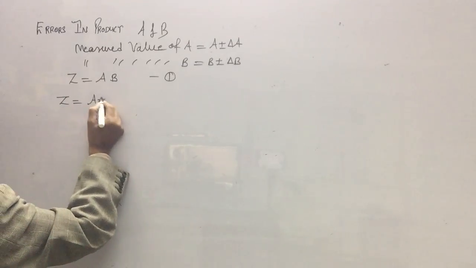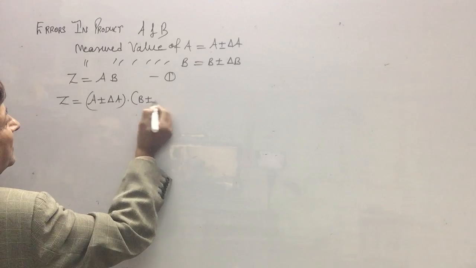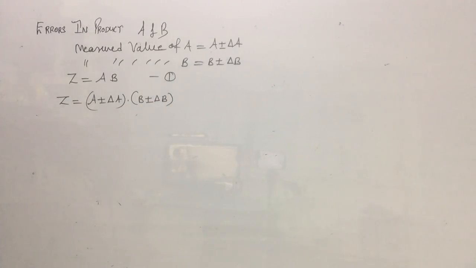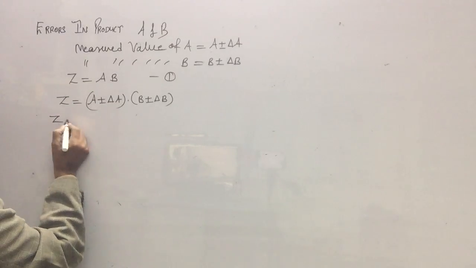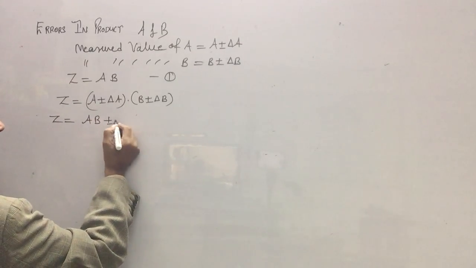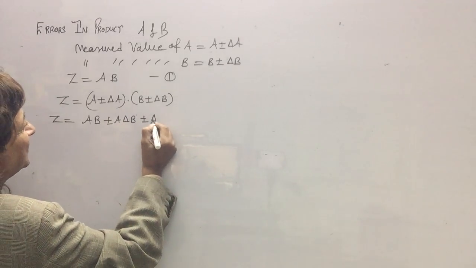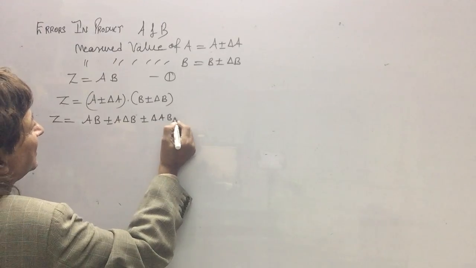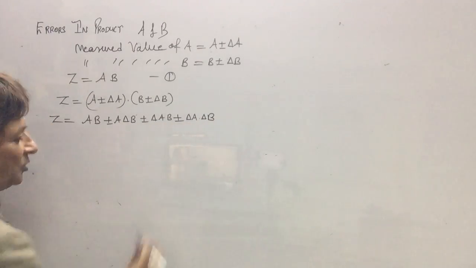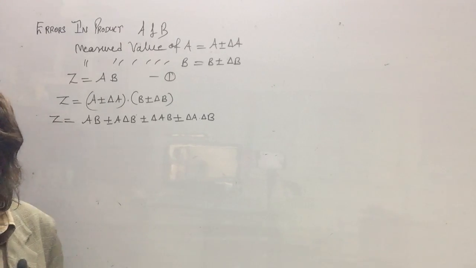Z is equal to (A plus minus delta A)(B plus minus delta B). So Z is equal to AB plus minus A delta B plus minus delta A into B plus minus delta A delta B. Is it clear?